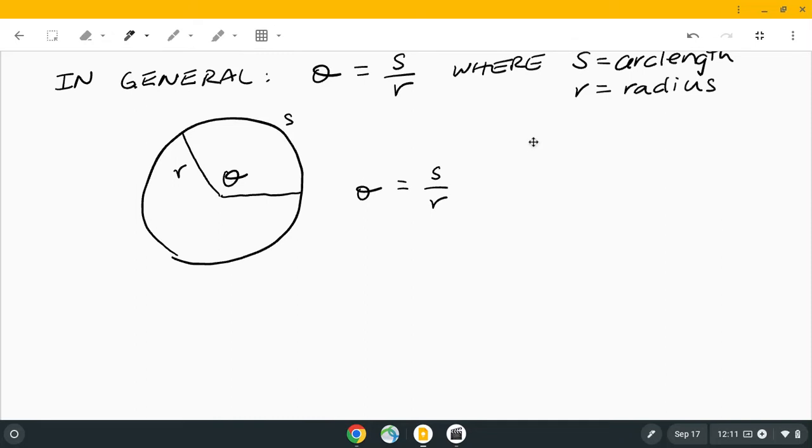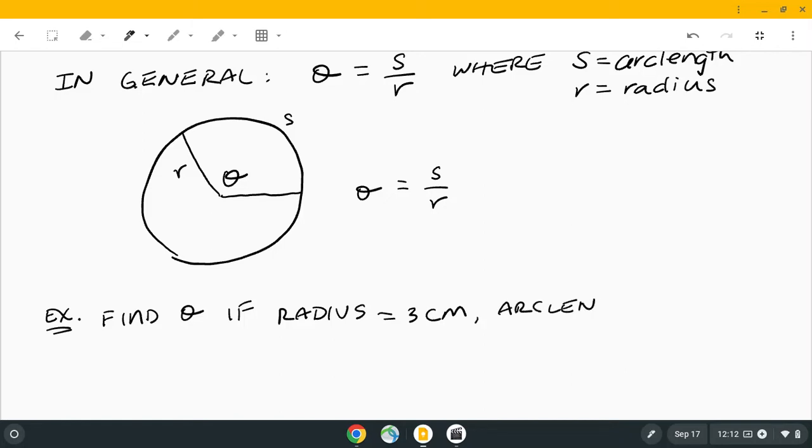Okay. So if you get something like this, for example, find theta if radius equals 3 centimeters, and the arc length equals 6 centimeters. Find theta.